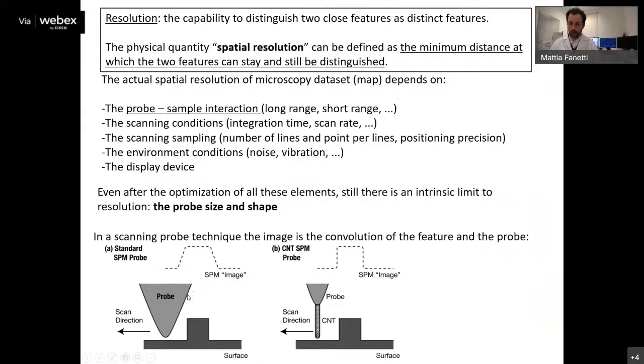So with a large probe, I will have a larger image of that feature. While if I have a sharp probe, I have an image which is more similar to the original shape of the feature.